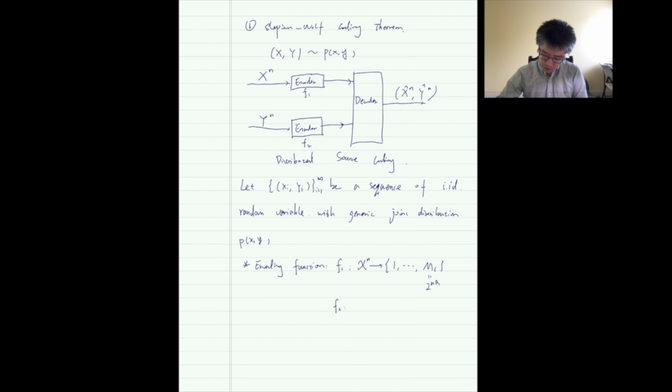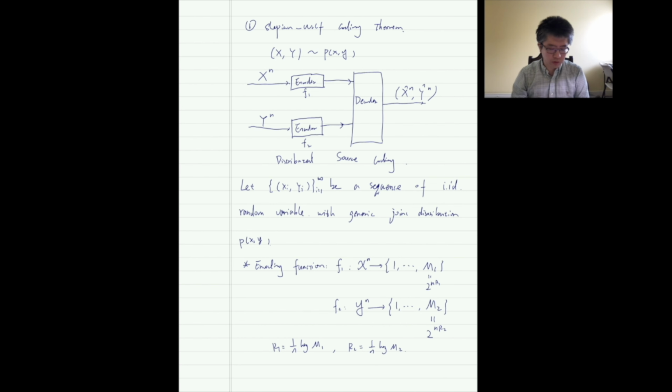And similarly, F2 is from the alphabet of Y to 1 up to M2. Clearly M2 equals 2 to the power of N R2. In particular, R1 equals 1 over N log M1, and R2 equals 1 over N log M2, where log is obviously base 2.